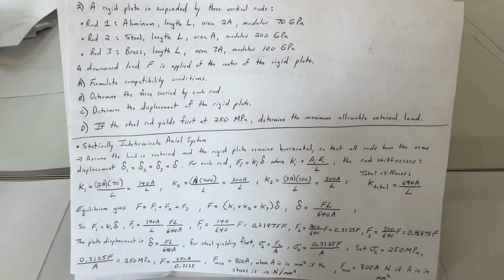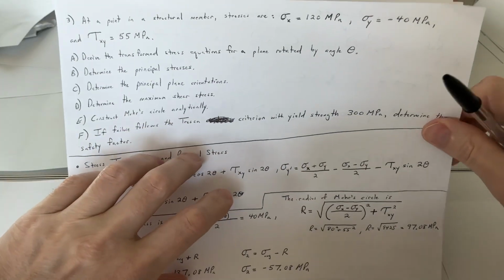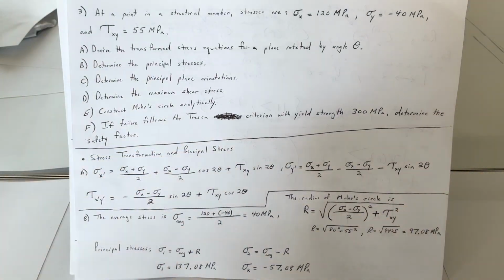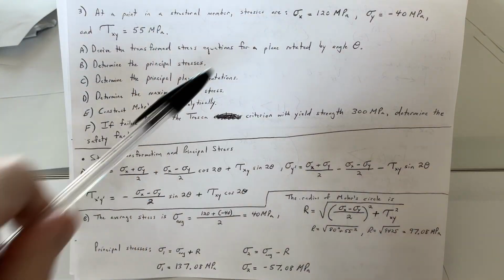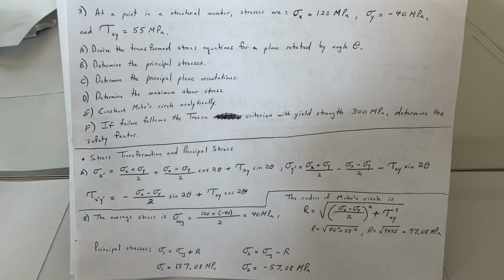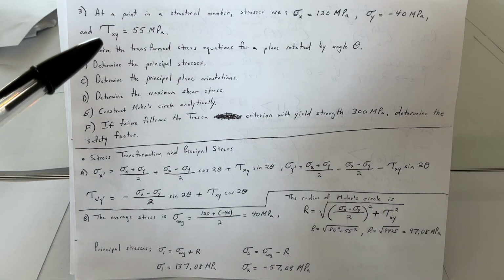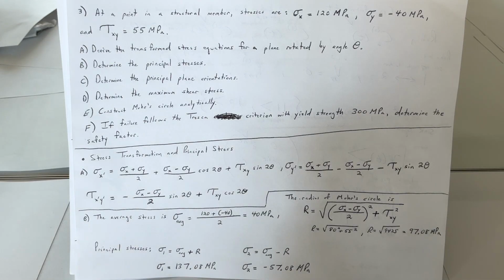Okay, moving along now to number 3. So at the point in a structural member, stresses are sigma sub x is 120 MPa, sigma sub y is negative 40 MPa, and tau sub xy is 55 MPa.